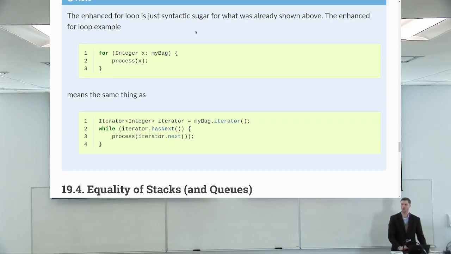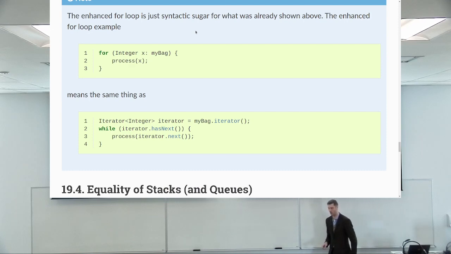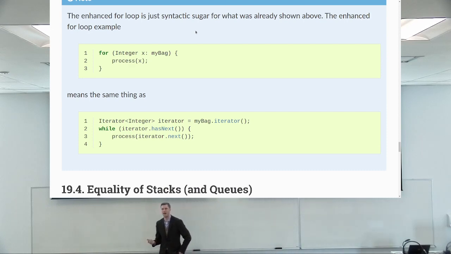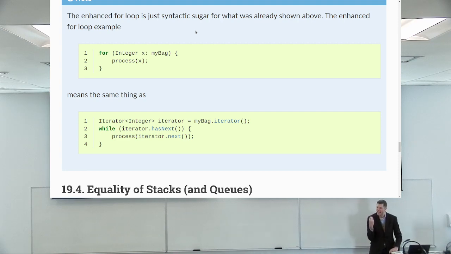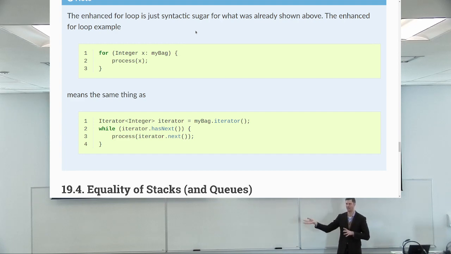So just, if you're wondering, well, what's really the difference under the hood? This enhanced for loop is just an example of syntactic sugar. And remember when I say syntactic sugar, it's kind of this weird phrase programmers use to mean, look, it doesn't mean anything more than the other. It's a nicer way to write the code to do that thing.